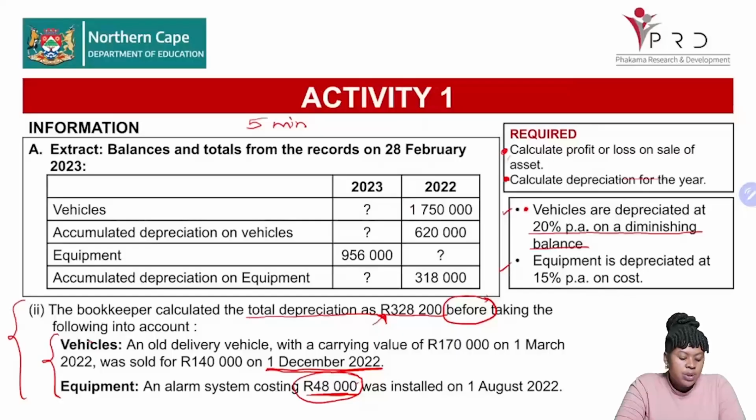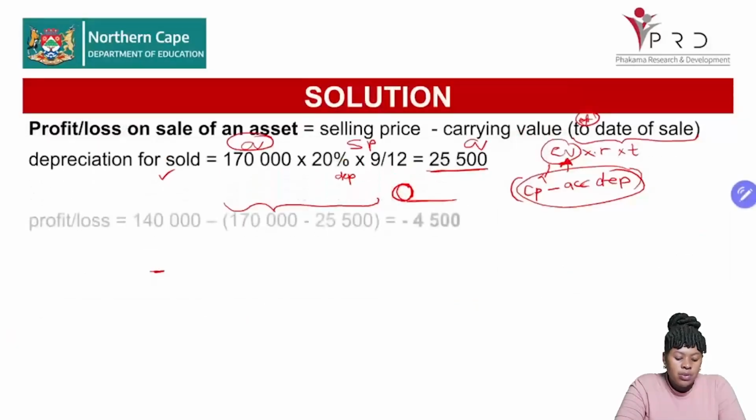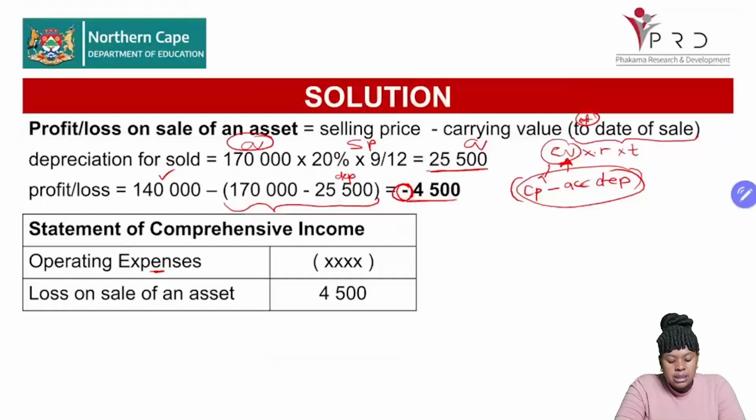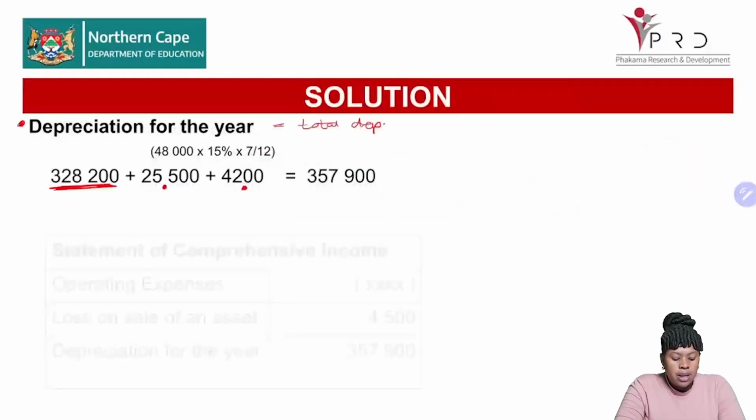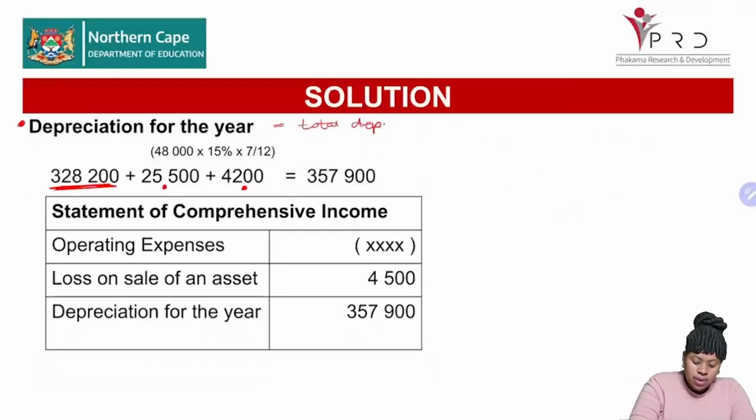Okay. So as you can see, I've given you the calculation for this particular item. So we said 48,000 multiplied by 15% multiplied by 7 over 12, because I've had it for 7 months.